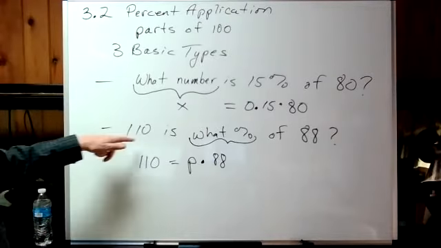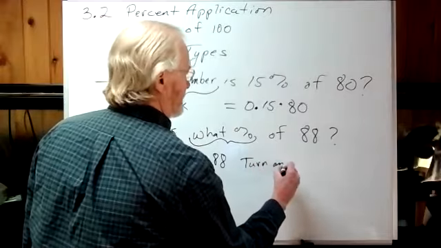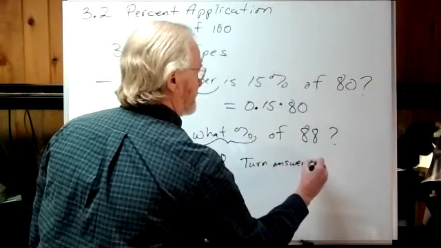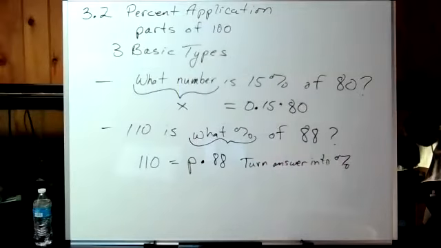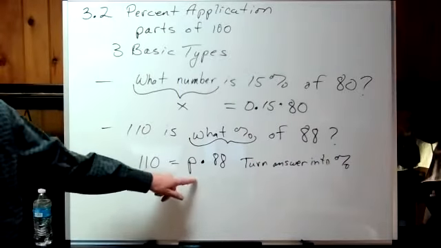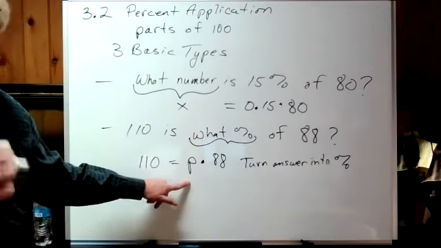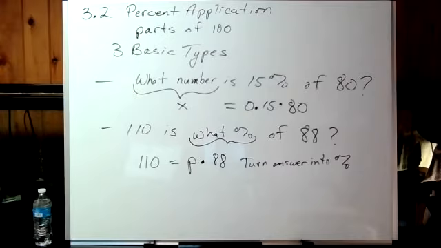I always have to take that decimal in this kind of problem and turn it into a percent. If you're looking for a percent, you're going to get a decimal and you have to turn it into a percent.